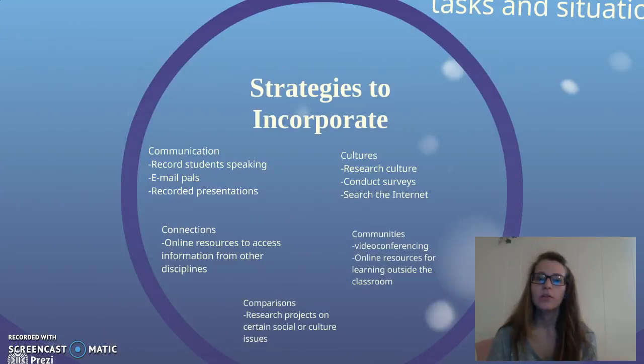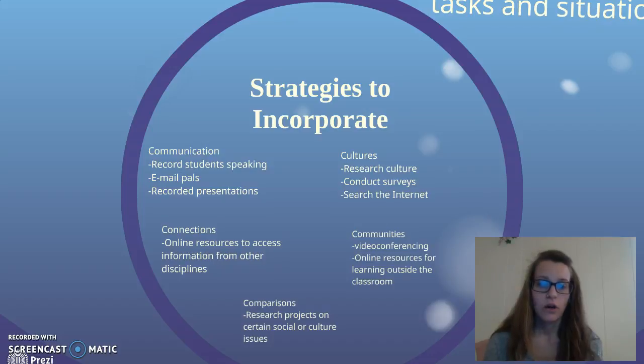The book also talks about strategies to incorporate these 5 C's into the classroom. For communication, they suggest recording students speaking, emailing pen pals, and recording presentations. This ensures that the student is using his or her communication skills, and the teacher is able to score the communication skills as well.